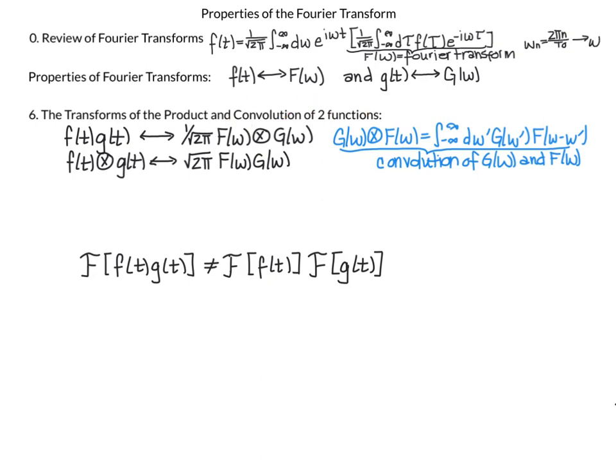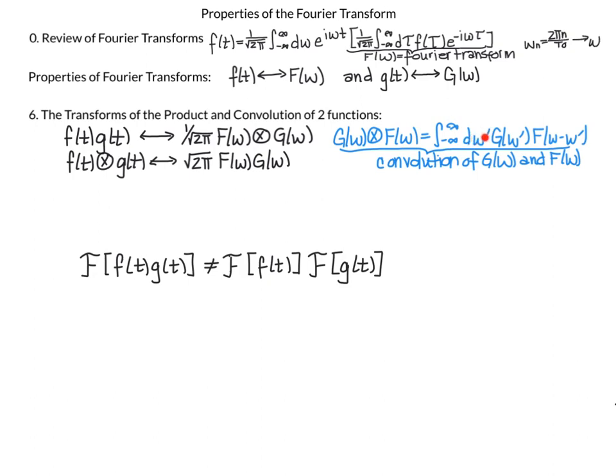Convolution you may or may not recall from differential equations, but that's mostly what we're going to discuss, a review of convolutions. So convolution is a special type of multiplication, and its symbol is this multiplication sign with the circle. The circle is just to tell us, yes, it's multiplication, but it's not our normal multiplication. So when we take the convolution of two functions, g of w and f of w, it's equal to the integral from negative infinity to infinity of dw prime.